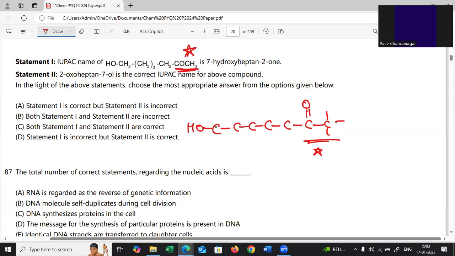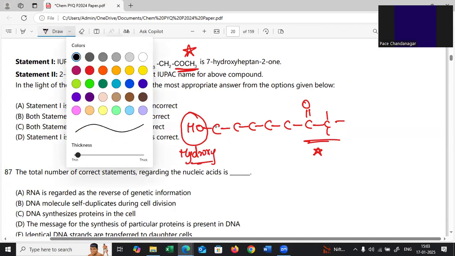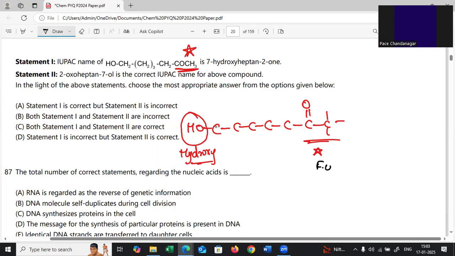When there is a ketone group, that will be your main group. OH will be your substituent group, called hydroxy. Now number the chain. Definitely your functional group, the ketone group, should be preferred. 1, 2, 3, 4, 5, 6, 7.